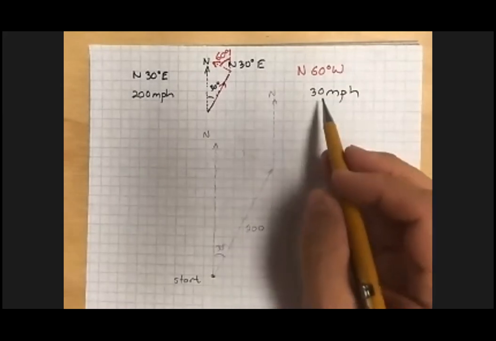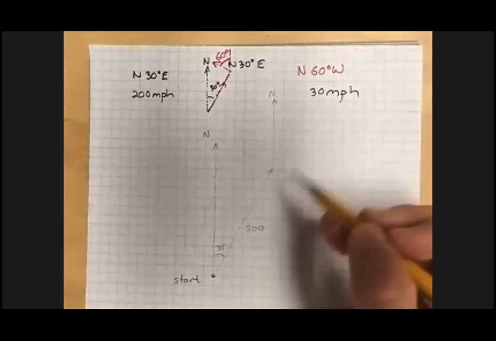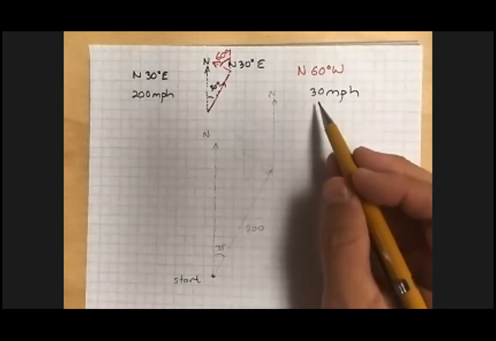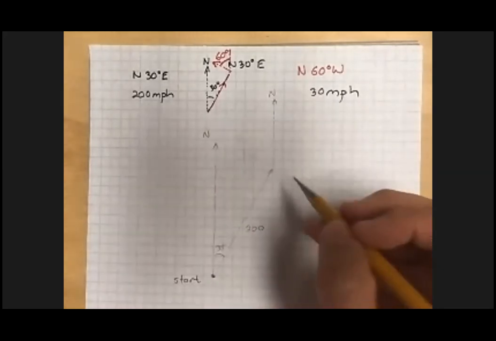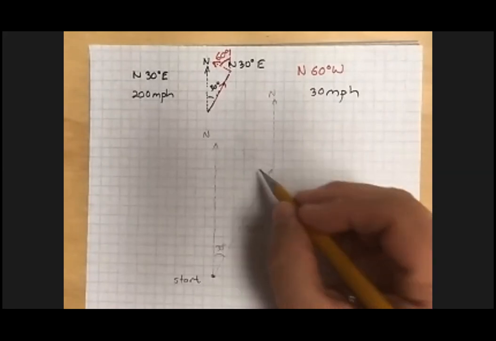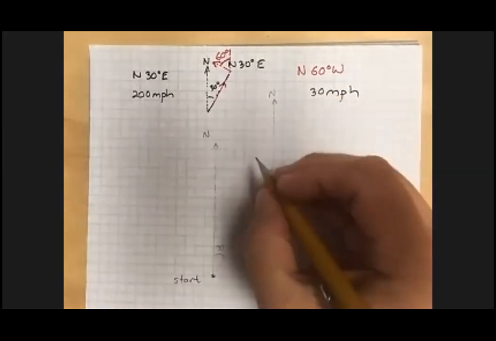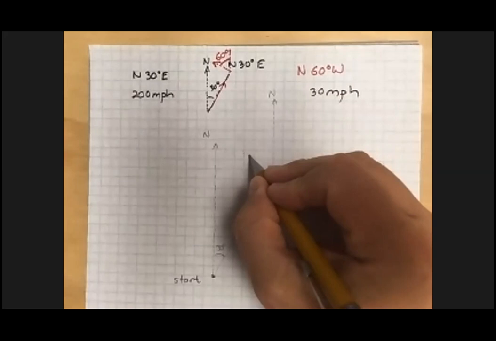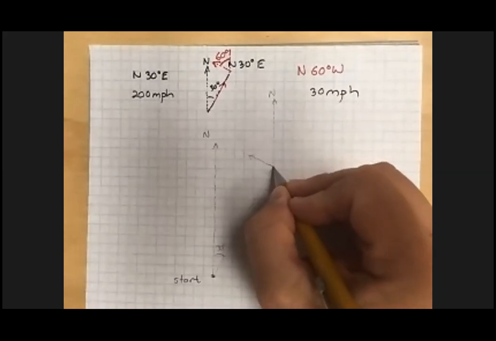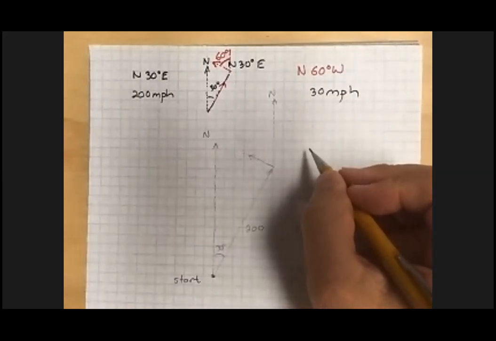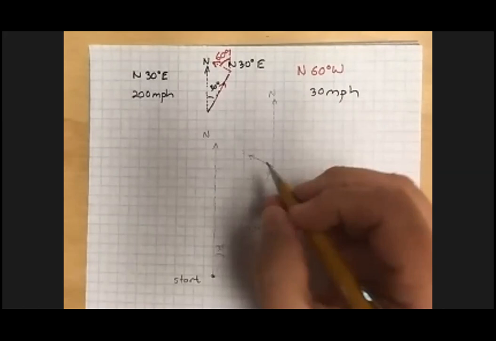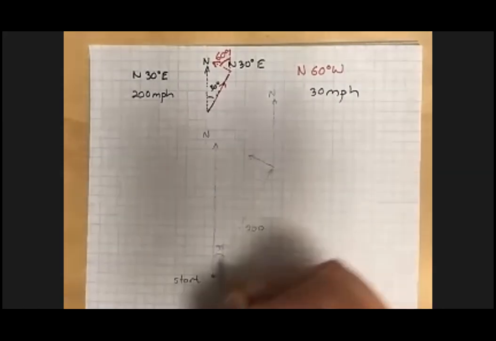But the wind is not so great in size as the plane speed, right? I said that the plane speed was about 7 times as large. Now, I'm not going to make a perfect 7-to-1 ratio here, but let's call this the wind speed vector. And that's about 1/7 of this long vector.